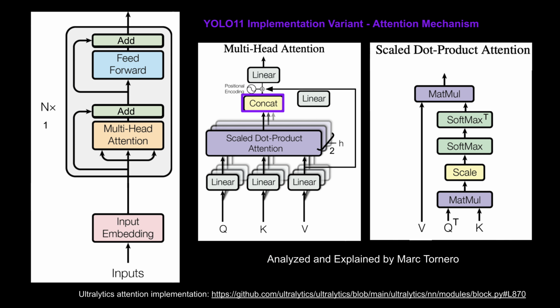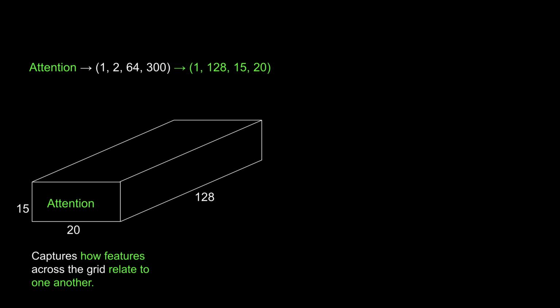Next, we'll focus on the concat layer in the multi-head attention diagram. Remember, our attention tensor has dimensions 1 by 2 by 64 by 300. When we combine the 64 attention values for both heads, it's equivalent to concatenating them. We also reshape the 300 into a 15 by 20 grid, maintaining the structure that captures how features across the grid relate to one another.